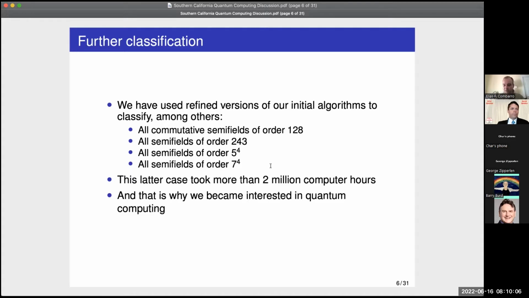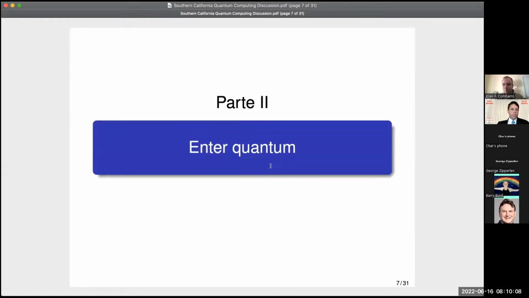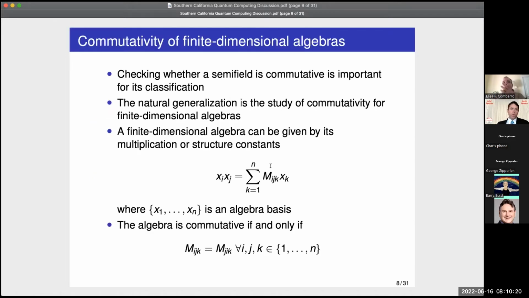So in 2017, we started learning about quantum computing with the goal of applying quantum techniques to this problem of classifying semifields. And we got hooked, because to me, this field is where everything that I like about science comes together, like physics and mathematics and computer science, and you can try to put everything together to get some advantage in your computations.